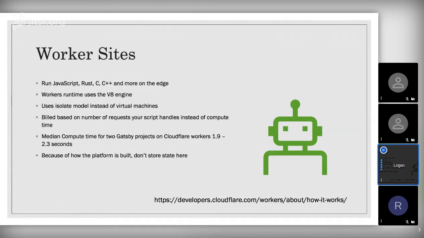And it runs using this isolates model instead of virtual machines. Everything's still isolated, it's in the name, but it allows them to run much smaller footprint functions on the bare metal that's in the Cloudflare data center.